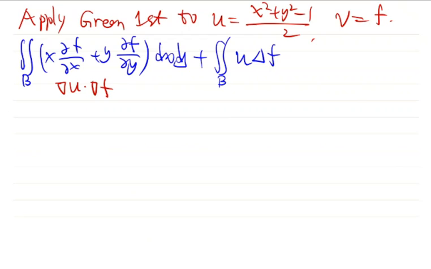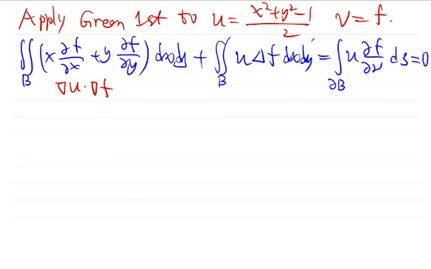Okay, so this will be the boundary integral of u times the normal derivative of f. The boundary of B is the circle, so this is a line integral. The line integral is 0 because u is 0 on the unit circle.